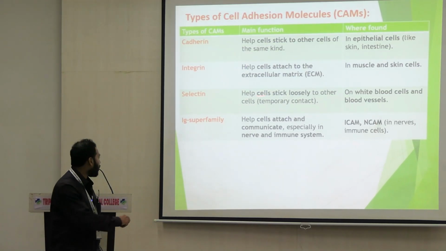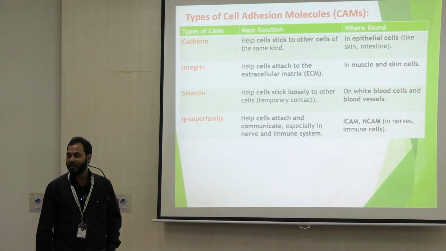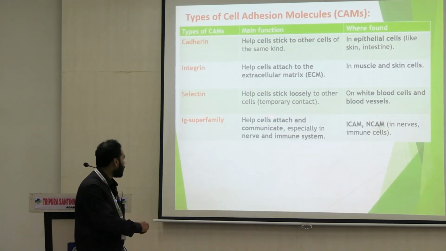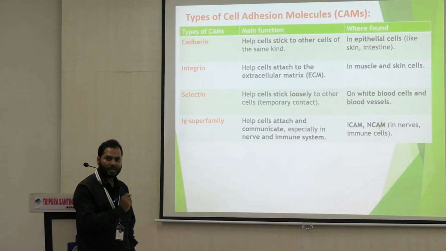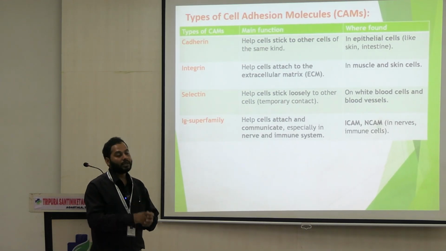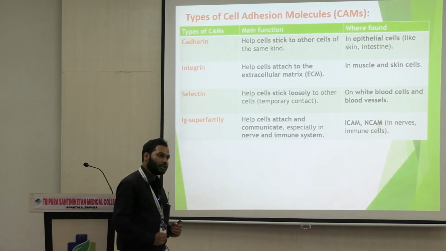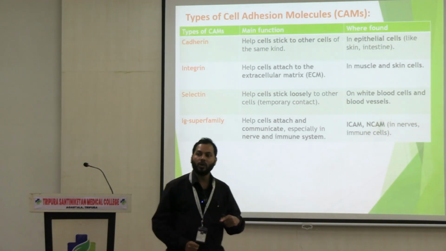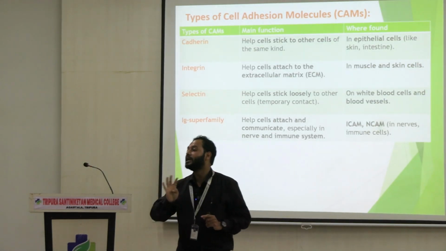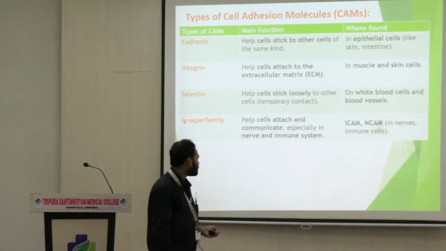Other than this, another important type is called the immunoglobulin superfamily. It is basically involved with the connections between nerve cells and immune cells, right? So there are mainly 4 broad categories of cell adhesion molecules that play an important role in the formation of different types of cell junction.